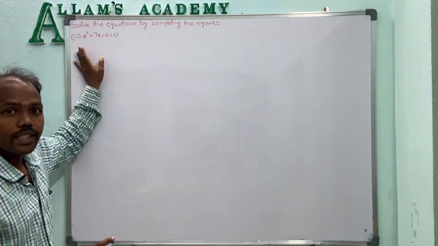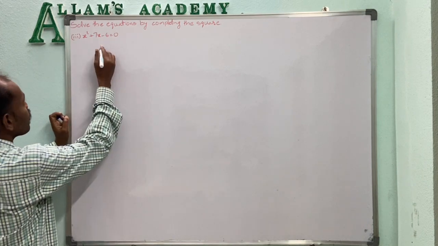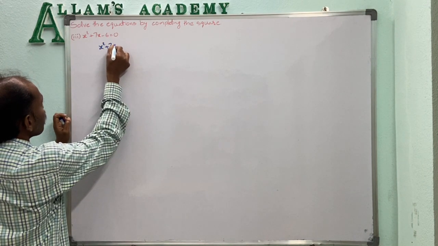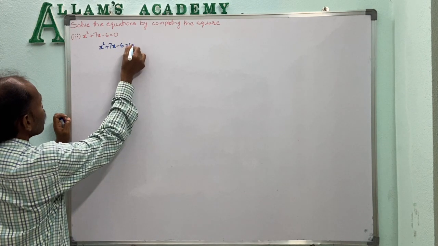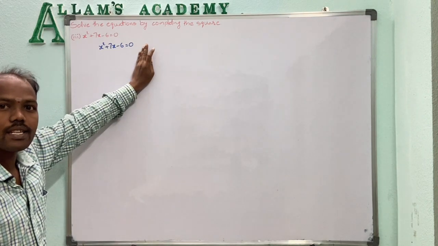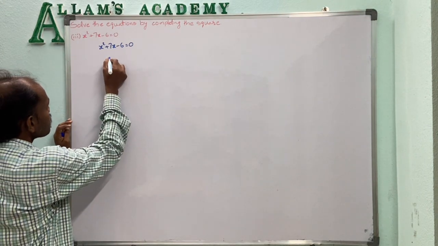The given quadratic equation is x square plus 7x minus 6 equal to 0. Here the constant term is minus 6. So that minus 6 is transferred to the other side as plus 6. 0 plus 6 is nothing but 6.